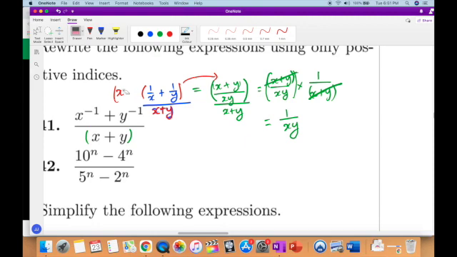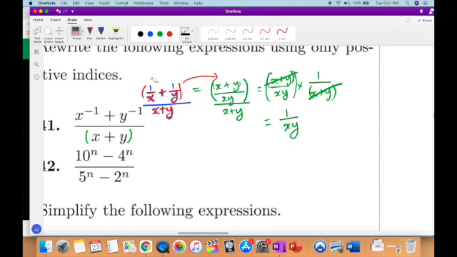I was starting to wonder if there is a way to do that, because I'm noticing that they have a lot of things in common. You have an x here, you have a plus here, you have a y here. So maybe there is a way to pull out that x plus y so that it could cancel with it.